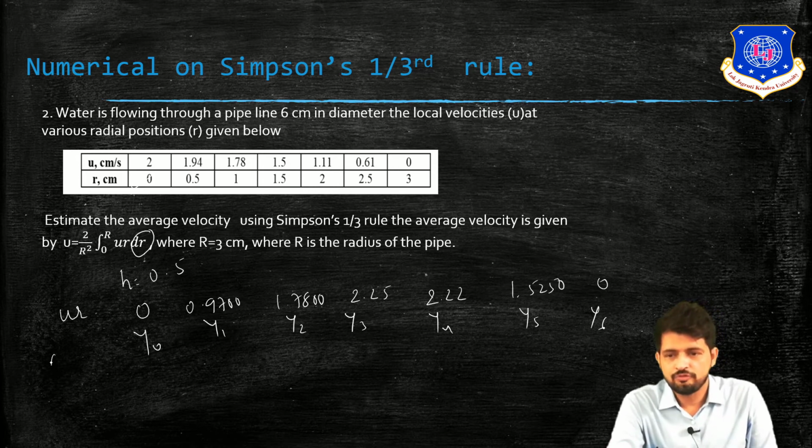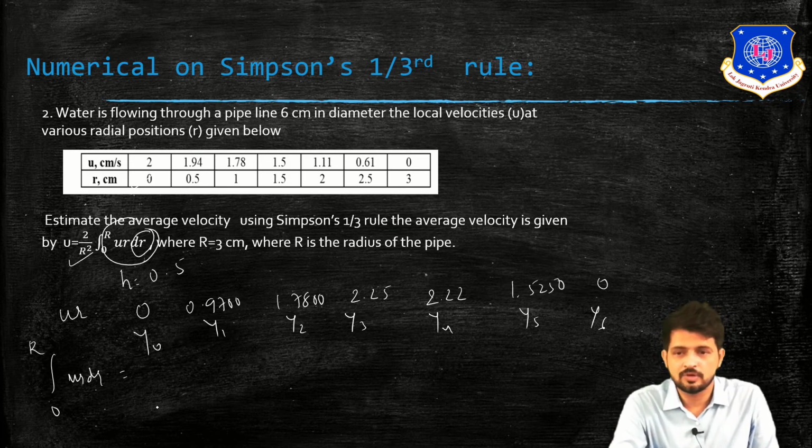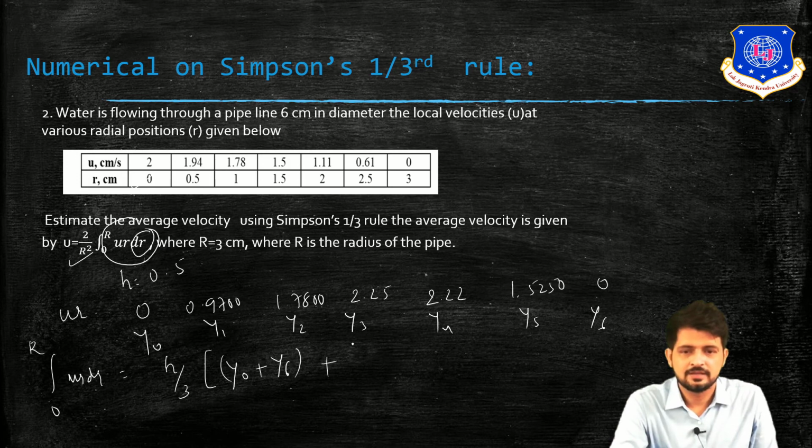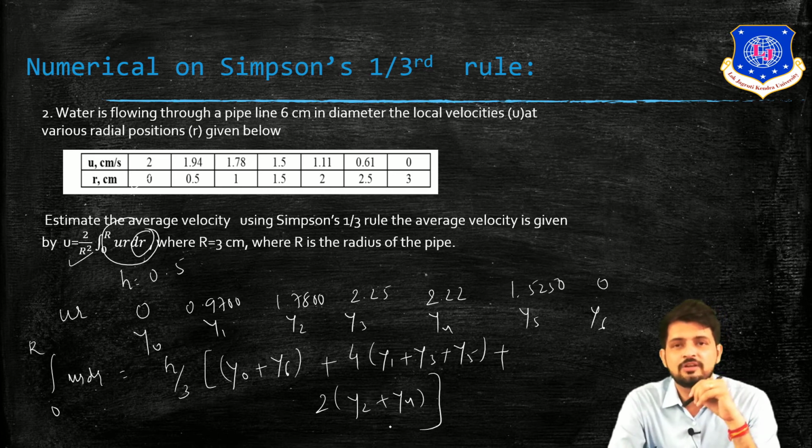To find this integral, I first find the integral and then multiply it by 2 upon r square. By applying Simpson 1/3 rule, it can be written as h by 3, first term plus last term, plus 4 into odd and 2 into even, that is 2 into y2 plus y4. So this is my formula.